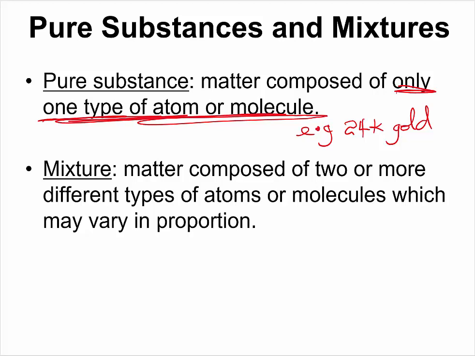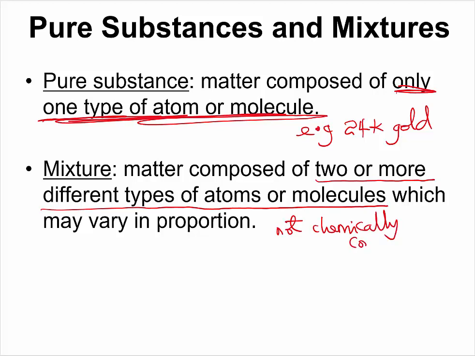On the other hand, mixtures are composed of two or more different types of atoms or molecules that are not chemically combined. An example of that is a saline solution.